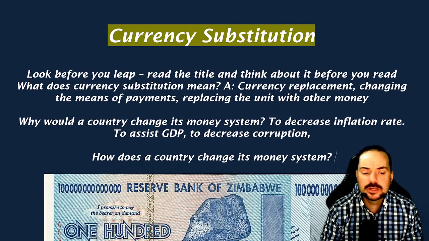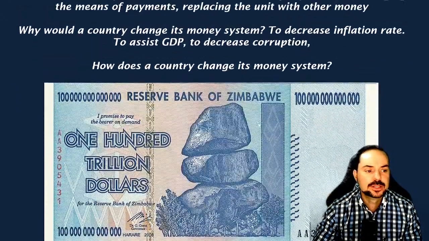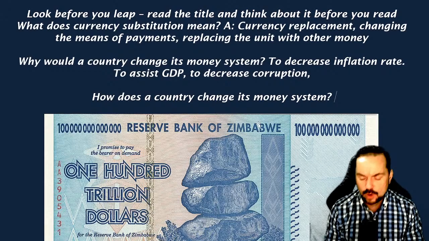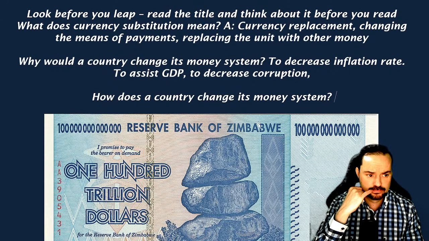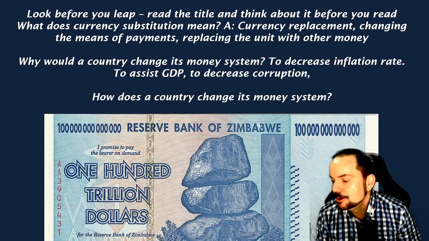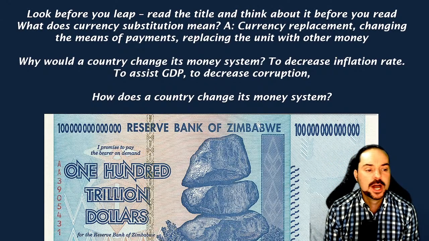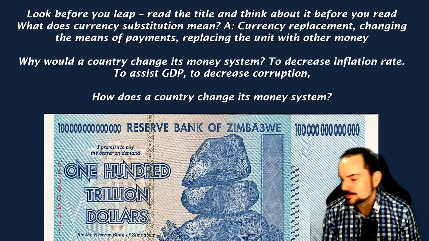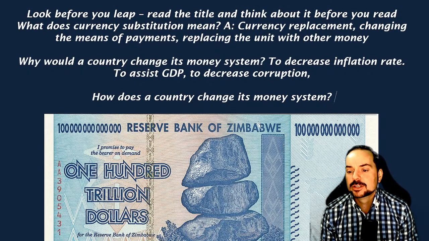So, looking at this picture here, this ridiculous number that's just right there, $100 trillion. Whoever's seen Austin Powers will get that joke. So, yeah, $100 trillion. How much money would you like? So how does it do it?